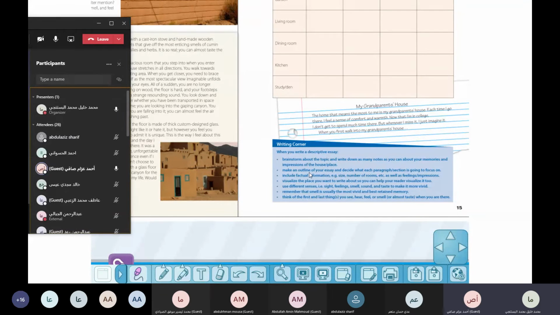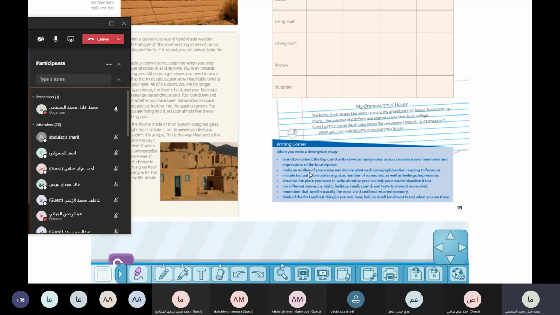This will help you to organize your thoughts, ideas, information. Just make an outline, and this will help you to organize your information and ideas. Then if you want to change, you can change them. But initially, just to arrange your ideas. Good.